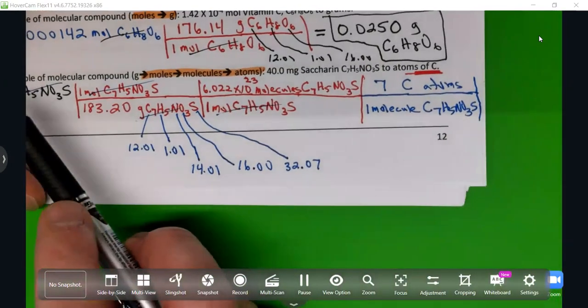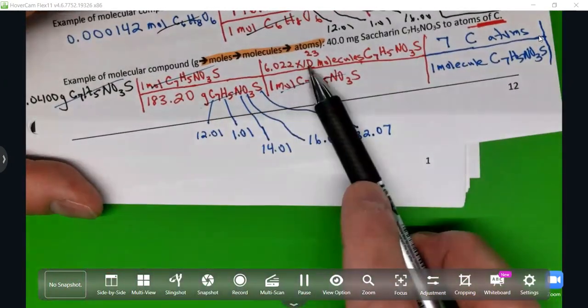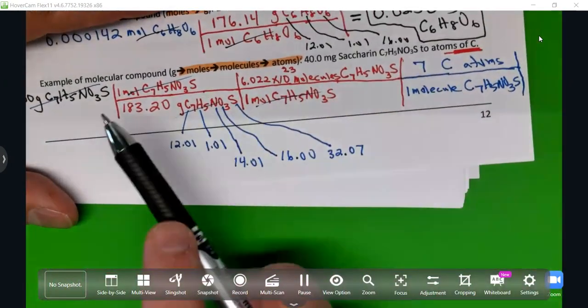And if we end with 3 sig figs, our final answer is, so what you should do is take 0.04, multiply, hit equals, and hit divide.